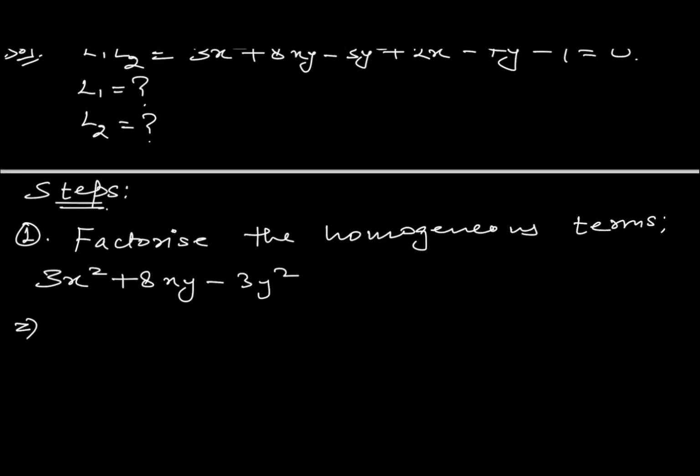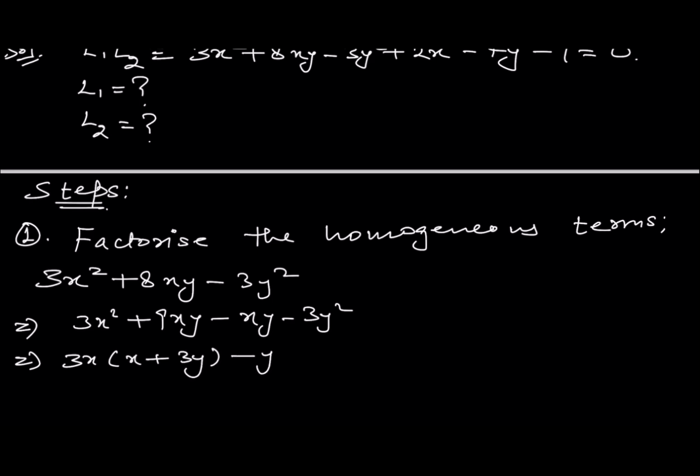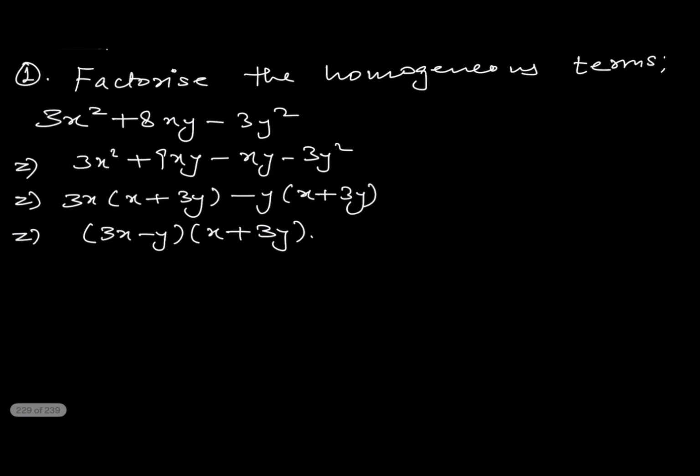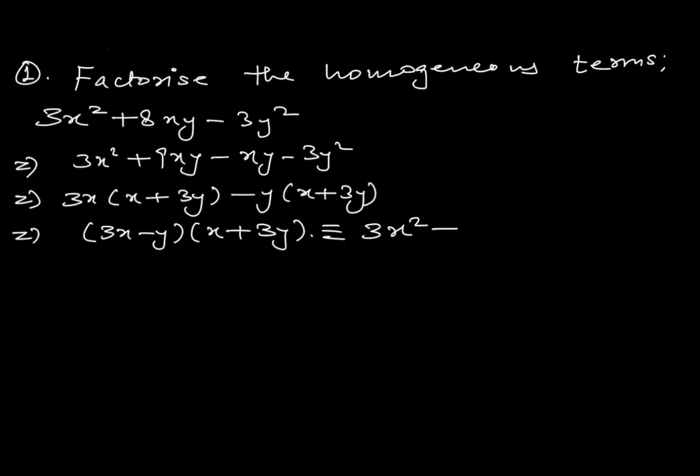So this can be written as 3x square plus 9xy minus xy minus 3y square, or 3x times x plus 3y minus y times x plus 3y, or 3x minus y into x plus 3y. So I have factorized the second degree term, means the homogeneous part I have factorized.